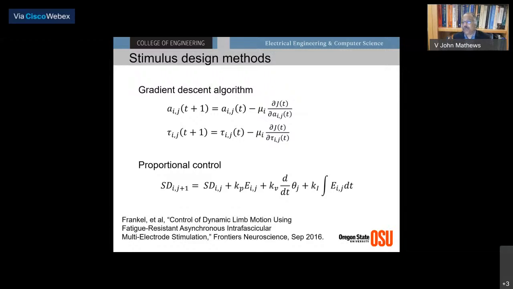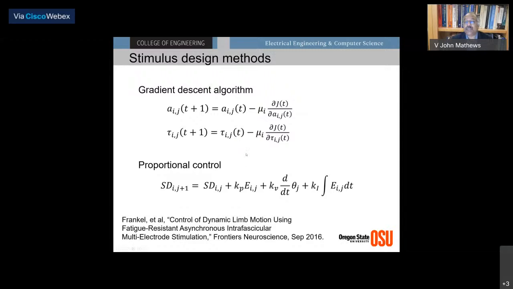This is only one of 2 slides which has equations, and I'm not going to spend too much time talking about it either. The first thing we tried, I'm a signal processing person. I said, I know adaptive filters. Why don't we try gradient descent algorithms? And we actually created a gradient descent algorithm. That determined the amplitudes of the twitches, or correspondingly the pulse widths, and the timing of the pulses, using gradient search. And it worked reasonably well.